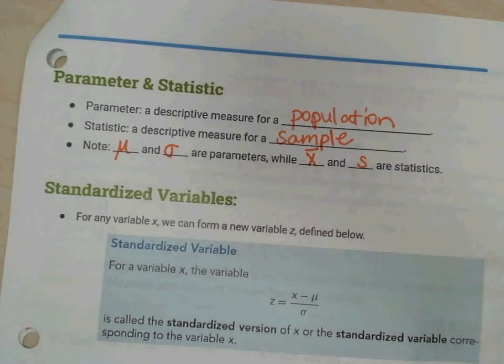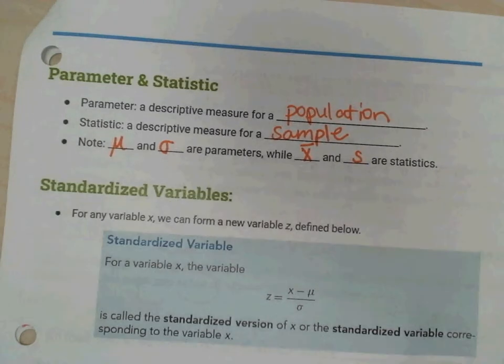What do you mean by parameter? It's just the terminology that we use when we're referencing measures. So it means the exact same thing as statistics, it's just for a population. So if I'm saying the parameter for the variable of marathon time, the parameter is going to be referencing anything having to do with the entire population.